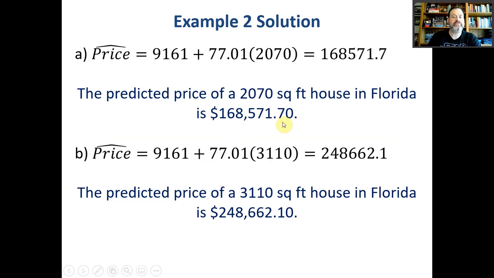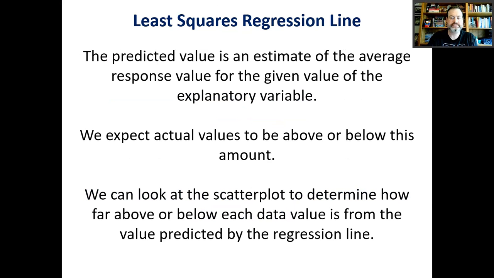This is an average, but the actual values of houses are certainly higher or lower, depending on the condition of the house, the neighborhood, number of bathrooms, does it have a yard, does it have a garage? There's lots of factors. So there's lots of variability for all houses of this size. This is the average or the predicted value, but we don't expect that to be the only value.